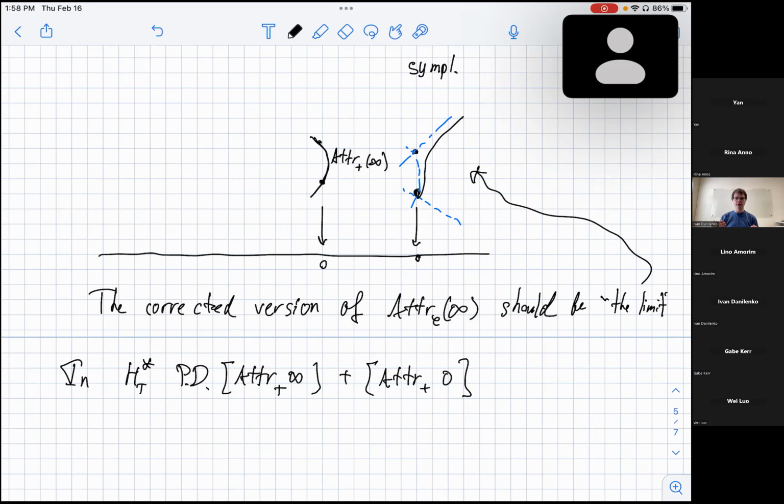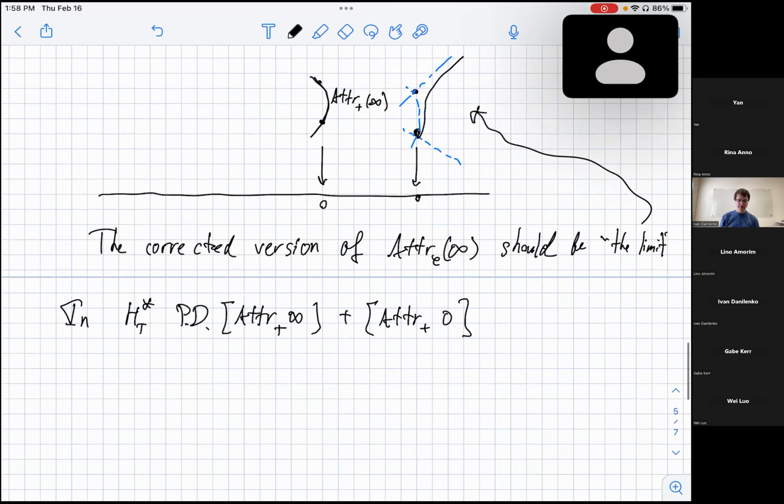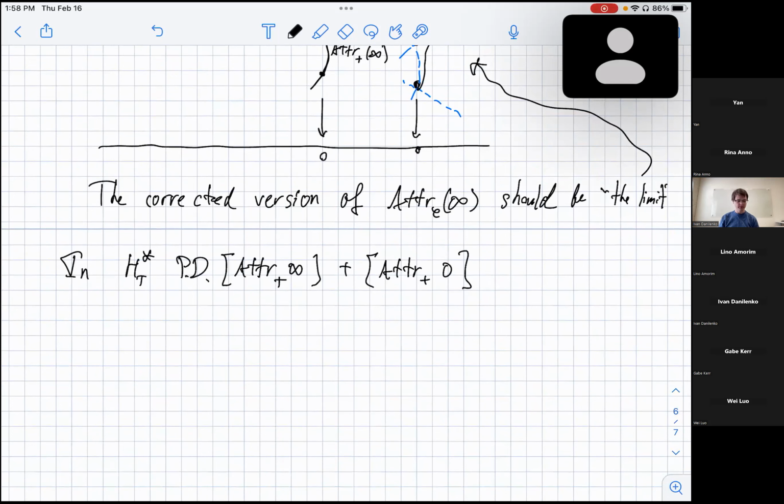So the original construction by Maulik-Okounkov was in equivariant cohomology, but then it turns out that you could lift this definition into equivariant K-theory. I don't want to go into technical details. But what's the definition?